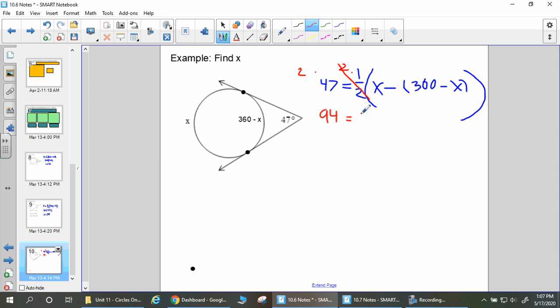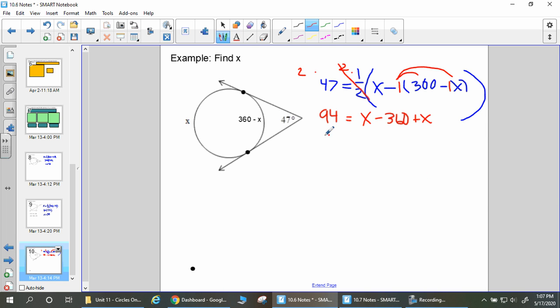Inside here, I still have my x. Think of this as being a -1, right? That technically goes to both things on the inside. So -1 times 360 would be -360, but -1 times -x would actually make that a positive x.